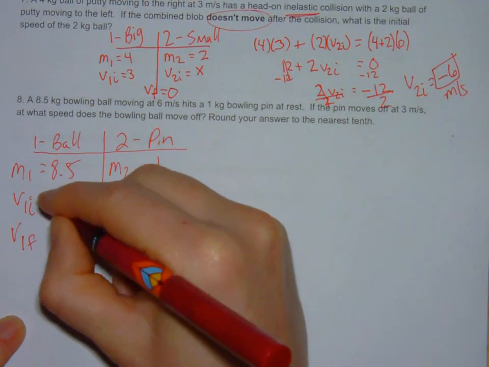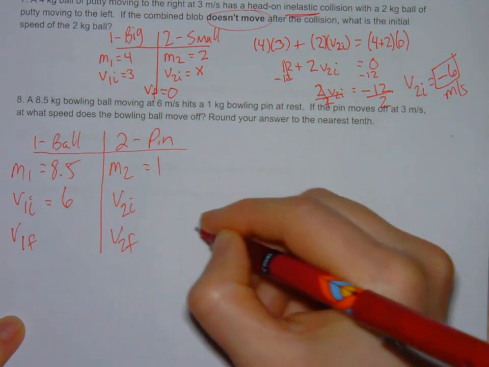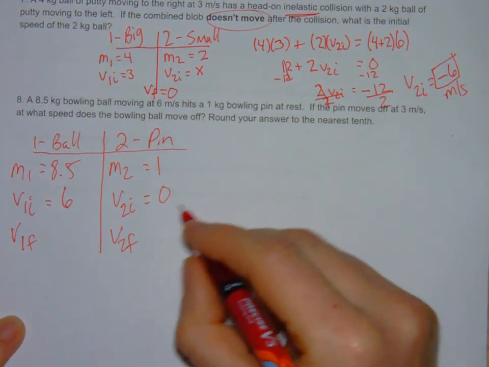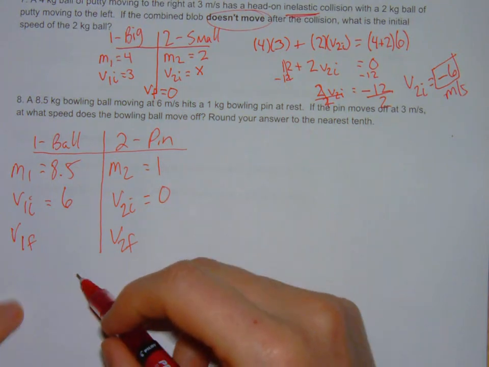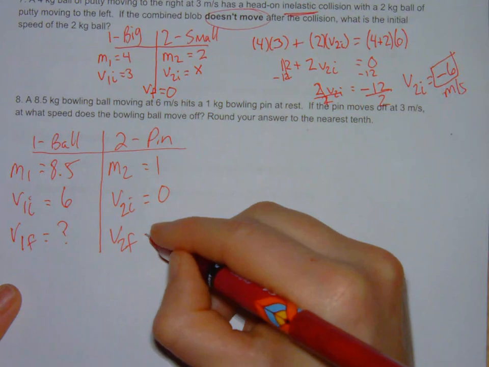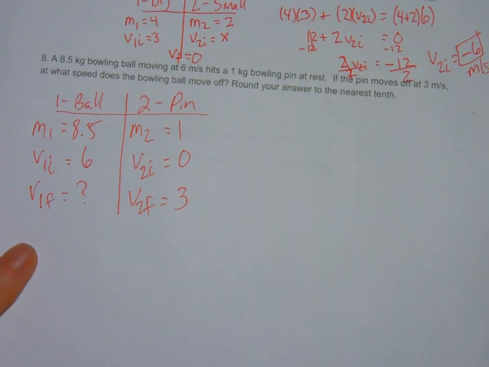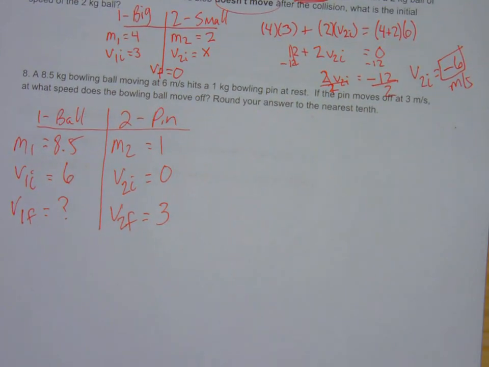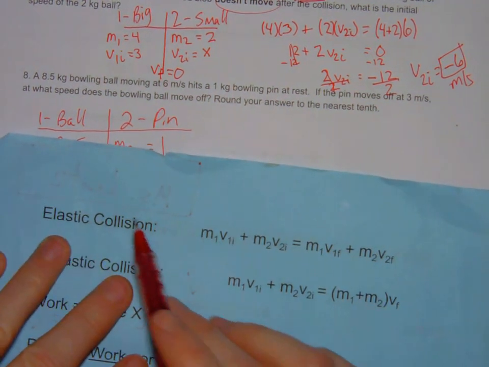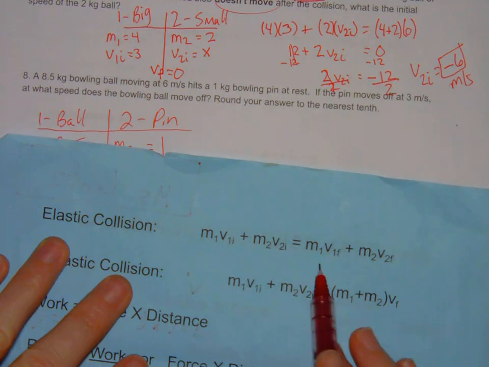Just filling out what I know. That bowling pin starts at rest, so the starting speed of this pin is 0. We're looking for the final speed of the ball, and we know the pin moves off at 3. After that, then you look back at your formula sheet. This time we're using the elastic collision one.